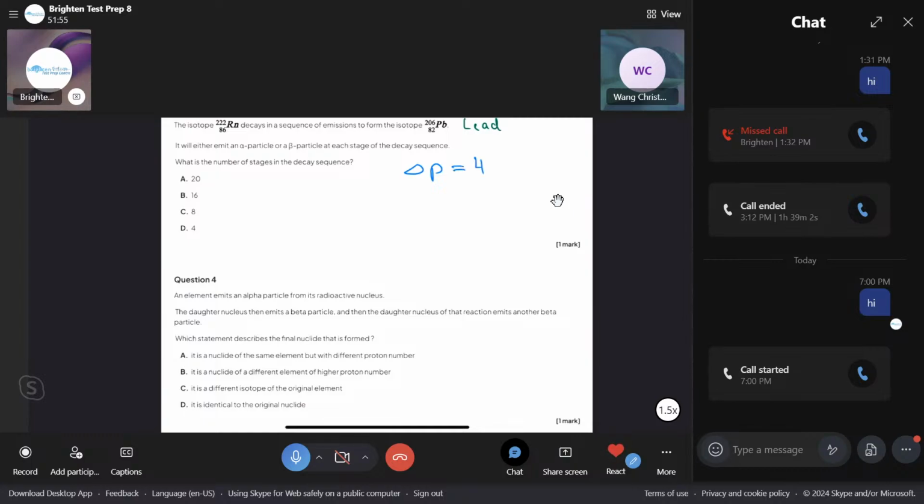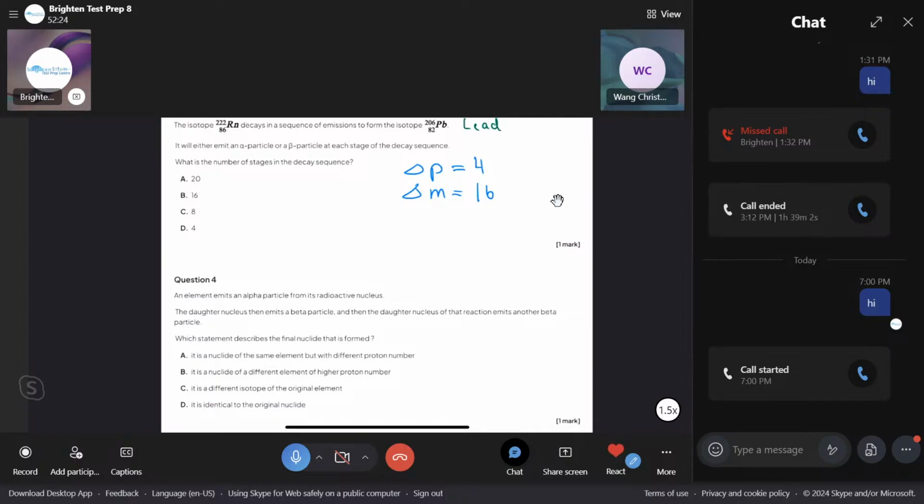So it must have emitted 4 protons. And when you look at the total mass, what is the delta M, the relative atomic mass change? 16. So we have a change of mass of 16.